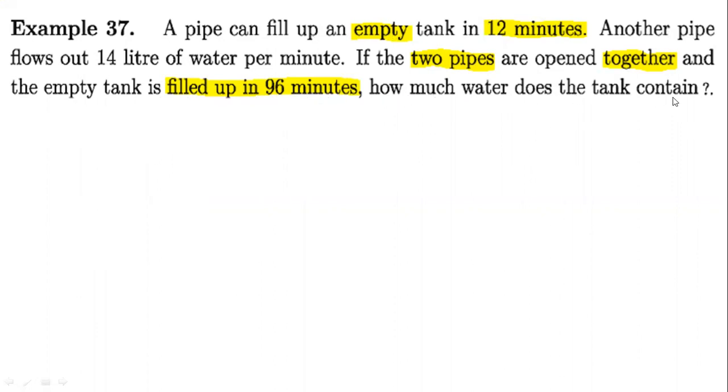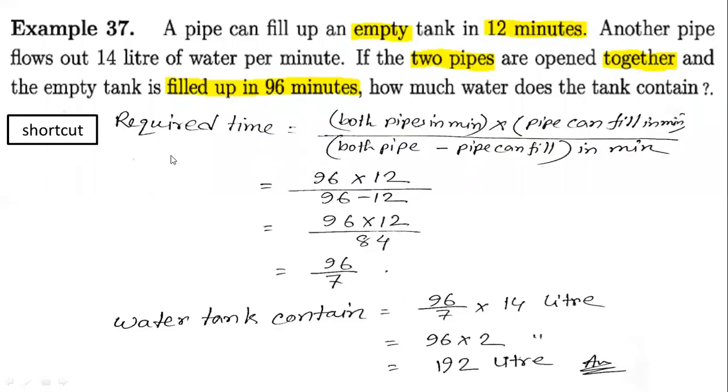That's our question. Generally we will solve these types of math with a shortcut formula: required time is equal to both pipes in minutes into pipe can fill in minutes, divided by both pipes in minutes minus pipe can fill in minutes.